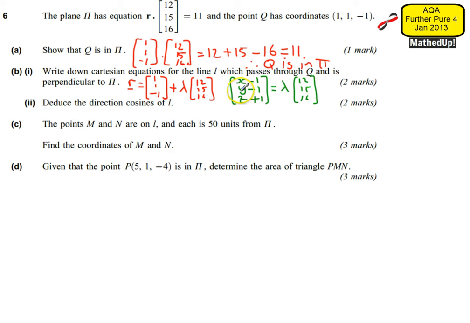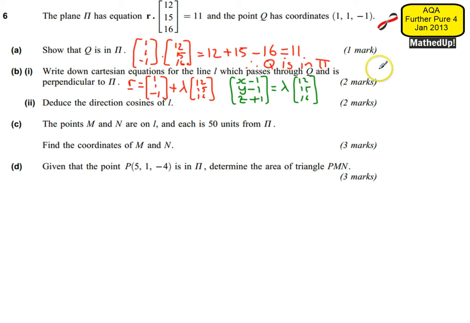So that means that x take away 1 divided by 12 must give me lambda, y take away 1 divided by 15 must give me lambda, and z plus 1 divided by 16 must give me lambda, which means that each of those three things are going to be equal to each other.